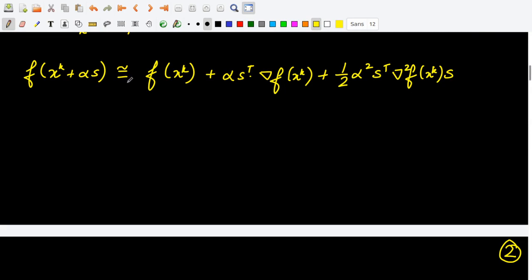Since we have an approximation, we will be ignoring all the other terms.